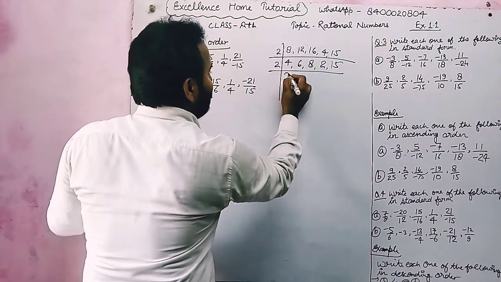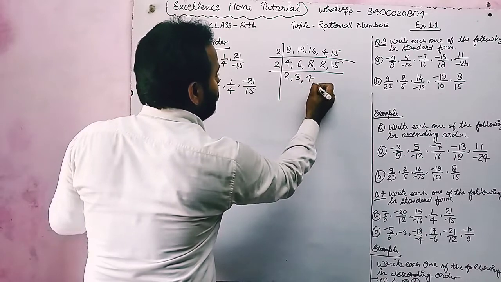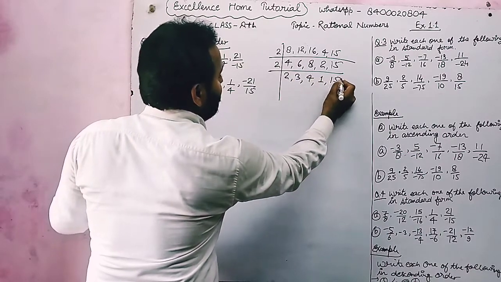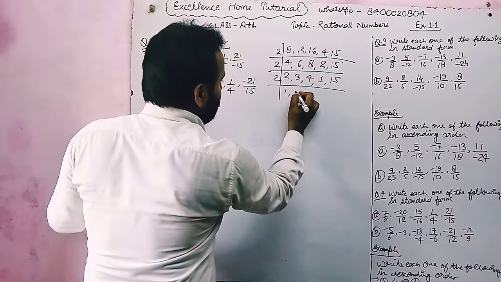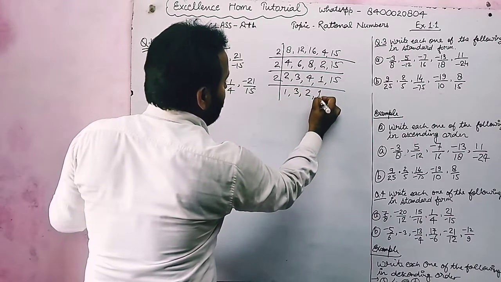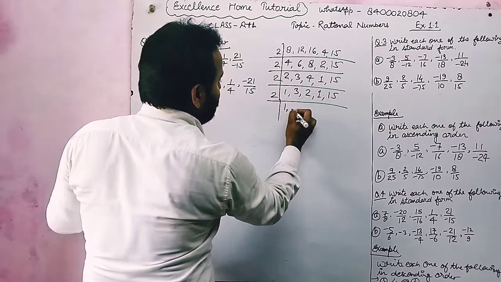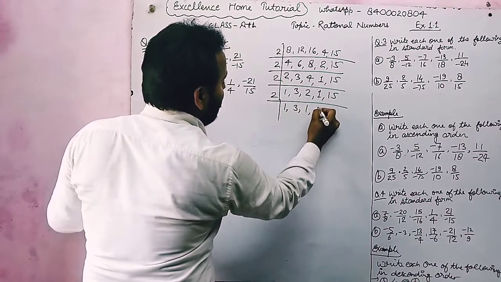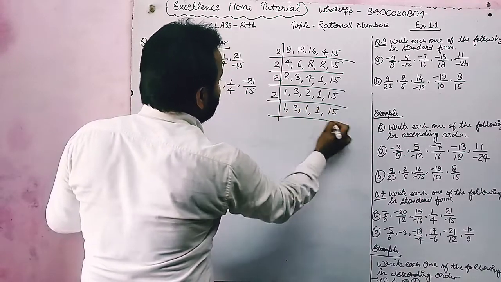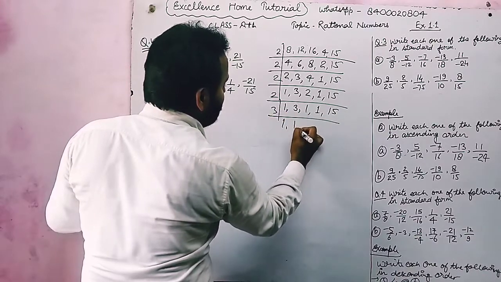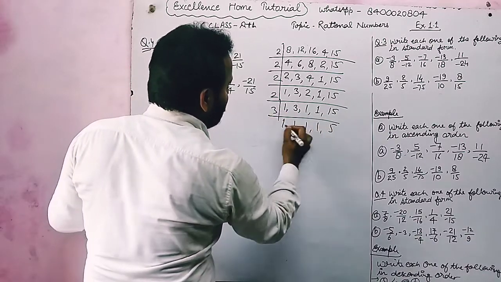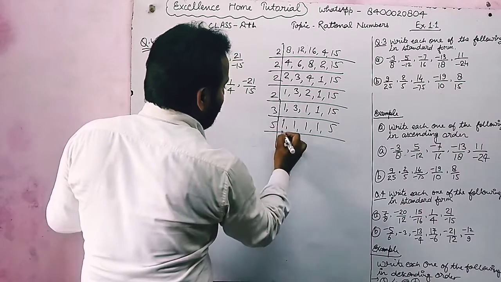Continuing: 2, 3, 4, 1, 2, 15, then 2, 1, 2, 15, then 3 fives are 15, then 5.